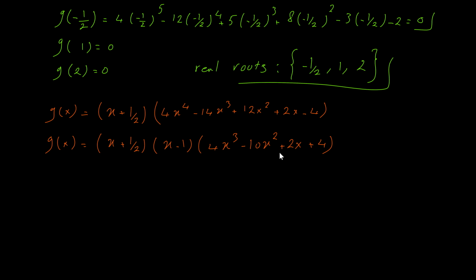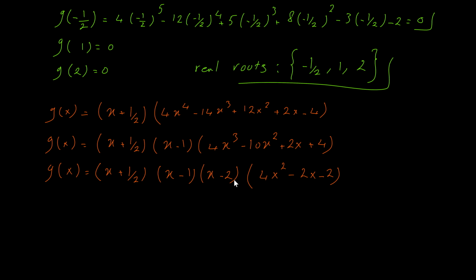Now we divide this by x minus 2, so one step at a time we get closer to the final polynomial that we are looking for. When we do that, we are left with x squared minus 2x minus 2.